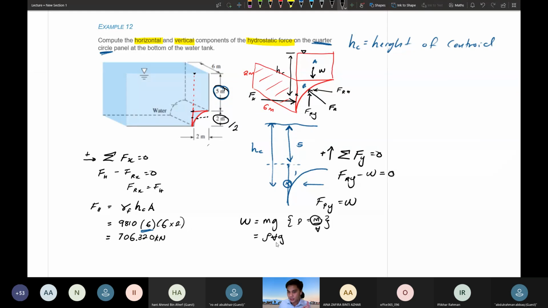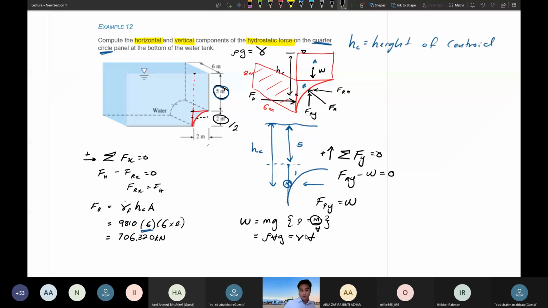Okay, this is the basic one. Combination of density with gravity, what we get here? Density times gravity represents gamma. And then volume.